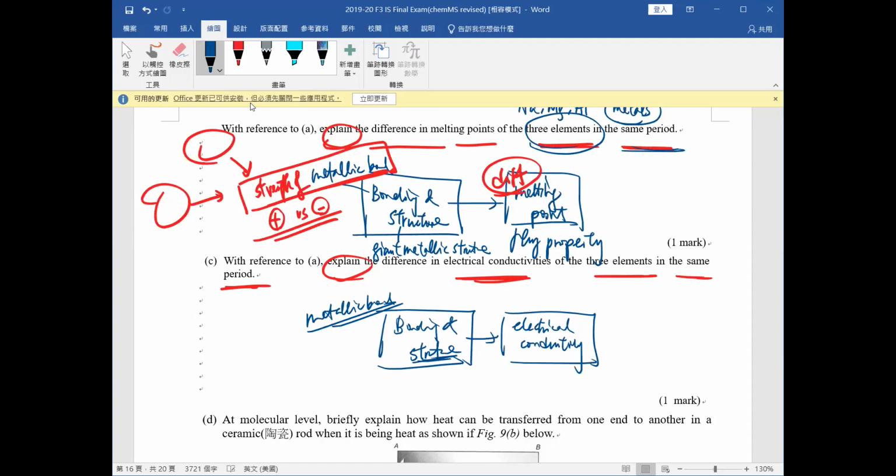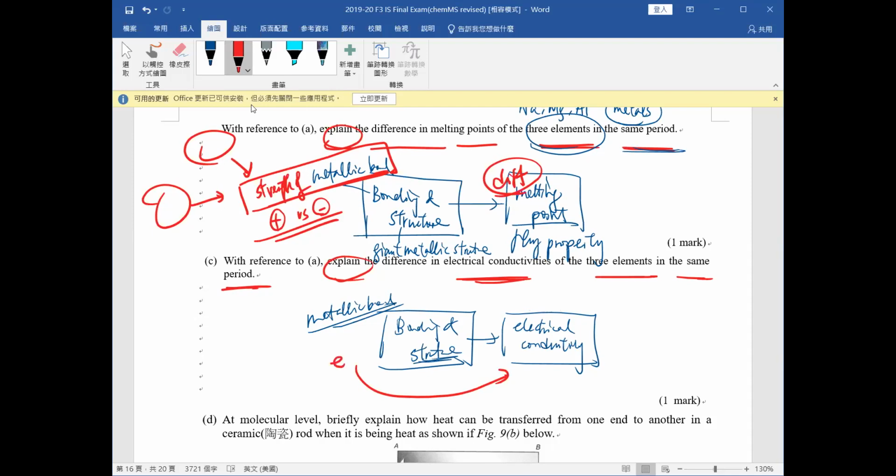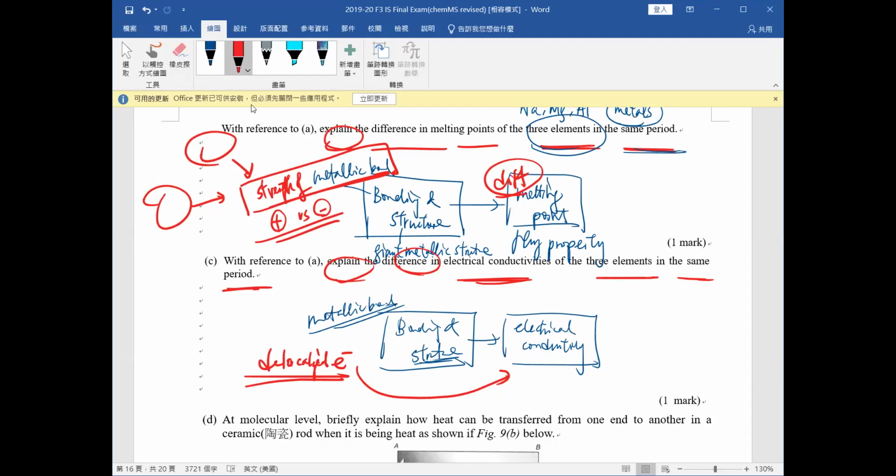Which particle? Electrons. What electrons? Delocalized. Yes, remember, not all electrons. So once you just say electrons, it is problematic. Not all electrons are said to be free moving, or we call that delocalized. And if you have a difference in electrical conductivity, which means something about the delocalized electrons is different. What of the delocalized electrons will make it? You know, its number, okay?